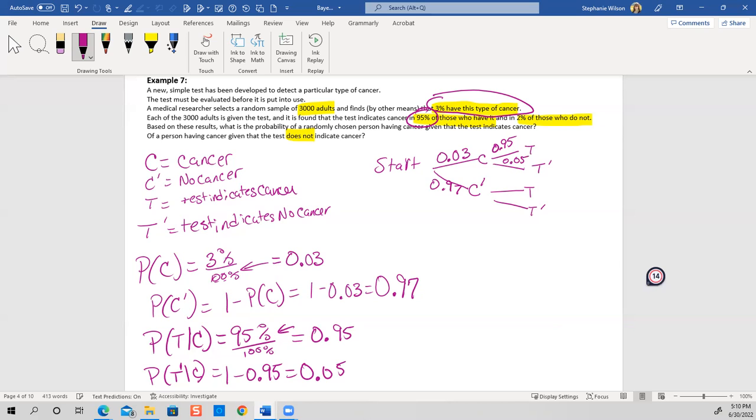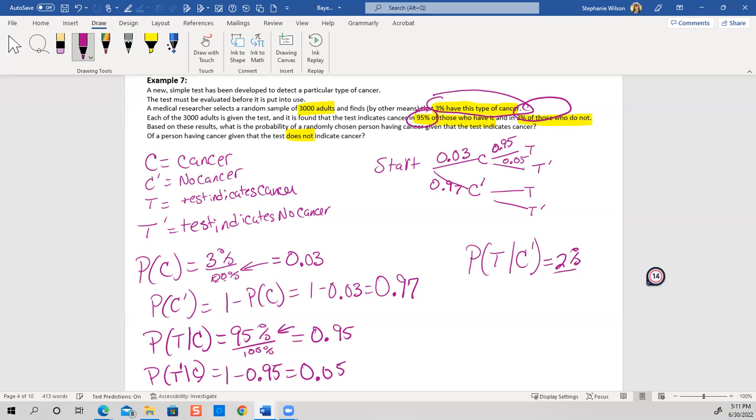All right. Now let's solve for the test on the patients that do not have cancer, or the complement. It's no cancer. So when we do that, we notice the 2% here says they do not have it.